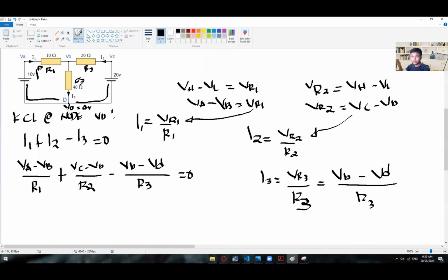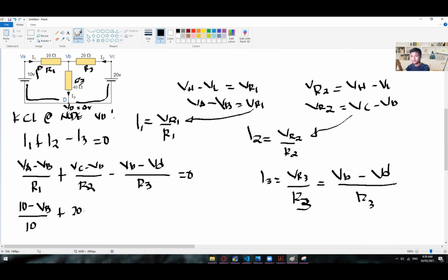From here, you can now substitute the given values of those variables. We already know that VA is equal to 10 volts, and we don't know the value of VB since it will be finalized once we have the values of everything. So let's just leave it as VB. R1 is 10 ohms, plus VC is 20 volts, because that is the one passing through this node.